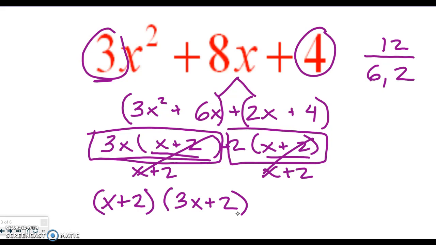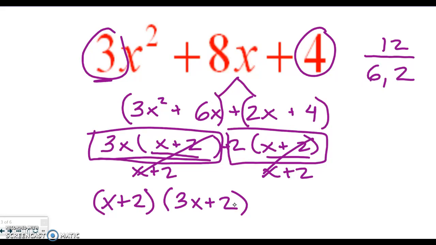So my two factors are x plus 2 and 3x plus 2. And again, if I wanted to check that, I could multiply them back together and figure out that it's the original problem, and then I'm good to go. All right, so that's how you do that.